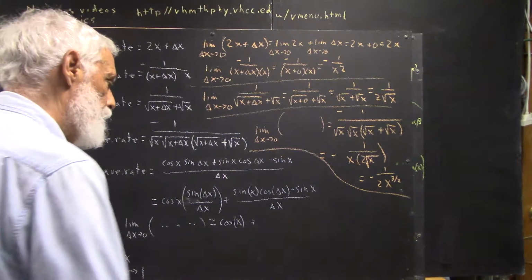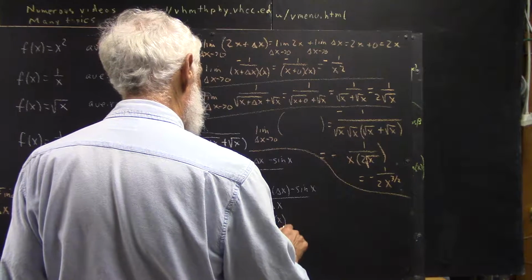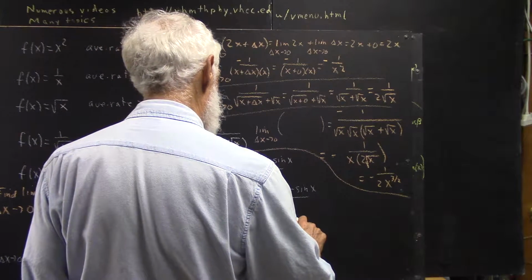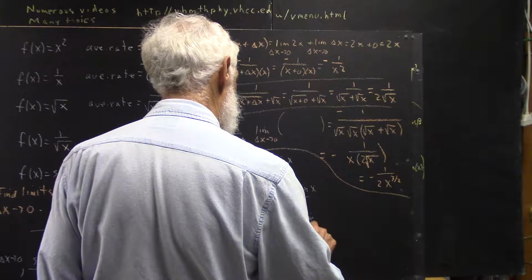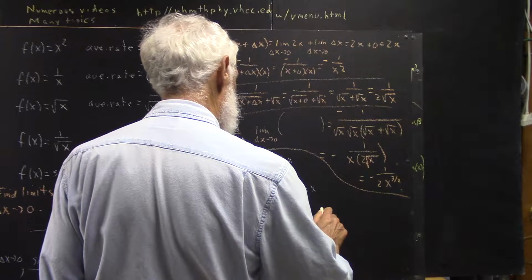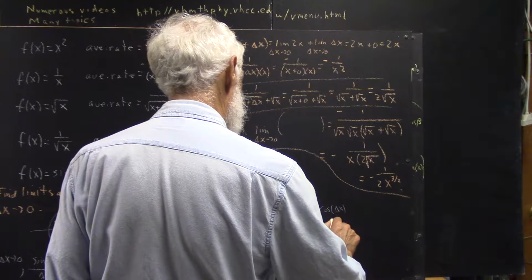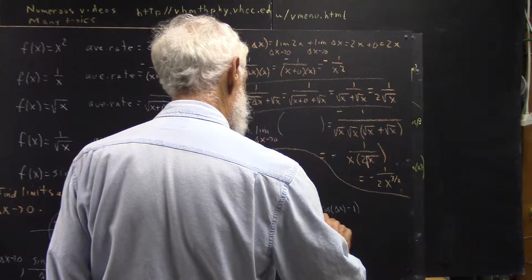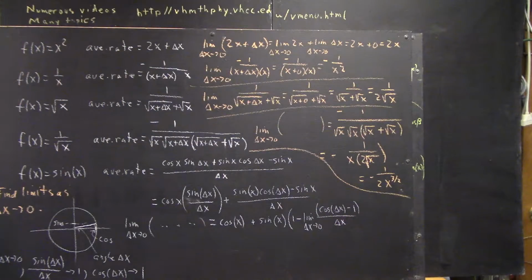And then what we have is sine of x multiplied by 1 minus the limit as delta x approaches 0 of the cosine of delta x minus 1 over delta x.